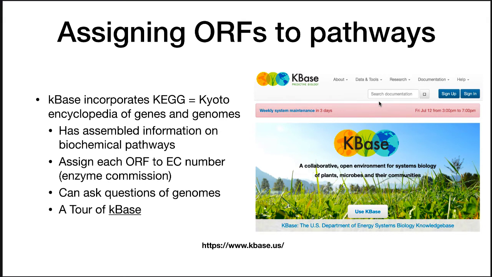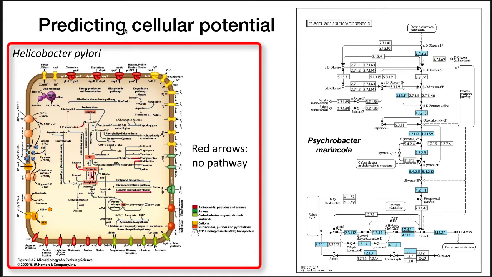Here's some examples. So here on the left is Helicobacter pylori, and this is an organism that has been shown to be associated with ulcers. What you can see is there's all sorts of transporters that this microbe has. If you look all around the outside of this, there's tons and tons of transporters. And that actually makes sense because this is a pathogen and it's pulling in lots of things from its host.